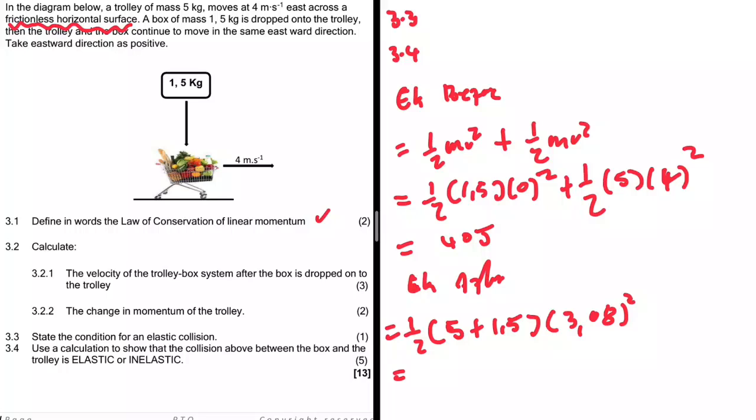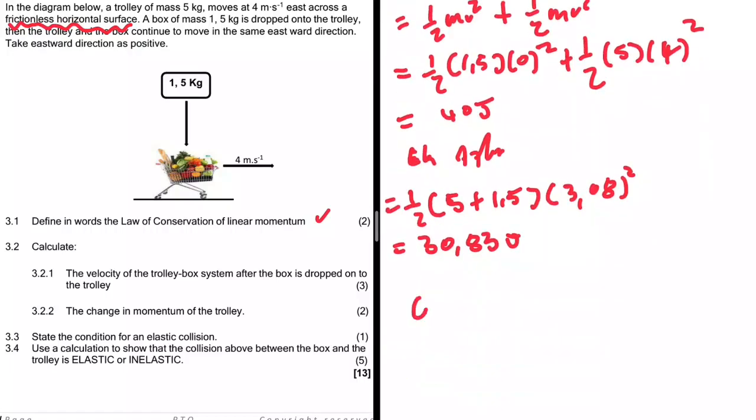Let me calculate that and see what happens. I'm getting 30.83 joules. So clearly EK before is not equal to EK after. So we can confidently say that the collision is inelastic. Right, let's move to the following question.